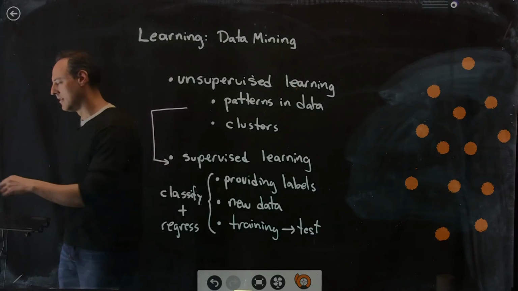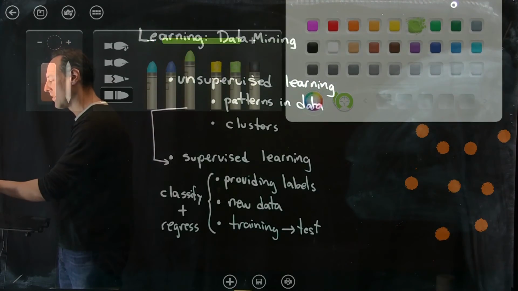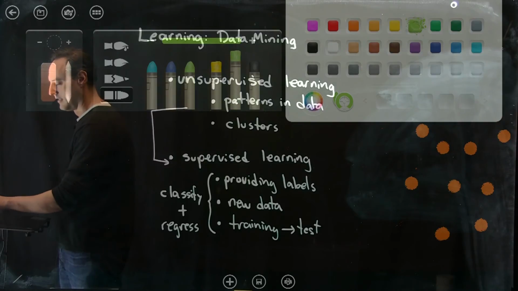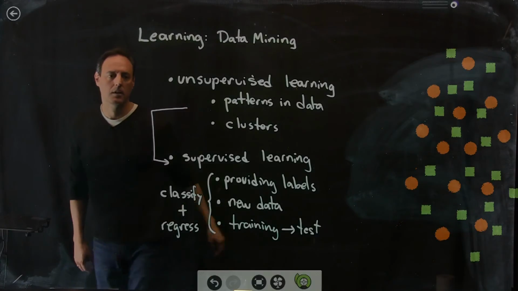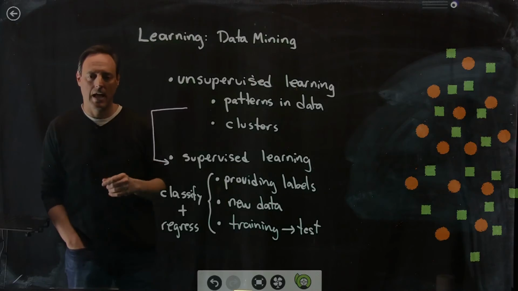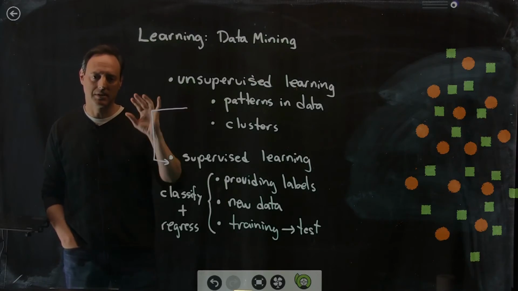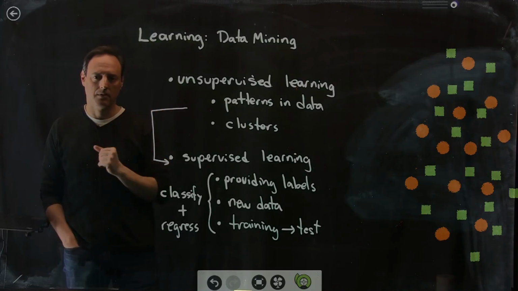All right? And then I can say, well, what if I had another type of data? And then I could ask, do you think you have a shot at having a nice regression line that would separate the orange from the green, right?